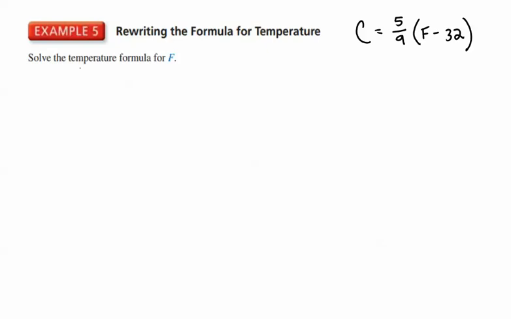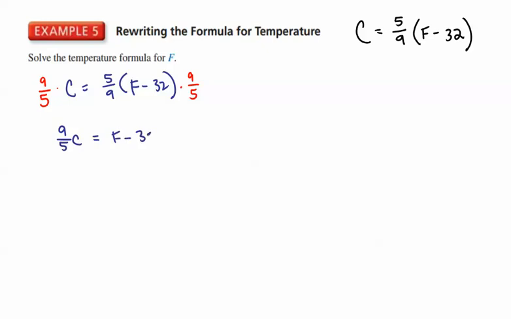So we're going to start out over here. C is equal to 5/9, capital F for Fahrenheit, minus 32. When we have a fraction multiplied, the very first thing we want to do is to get rid of that, and we multiply both sides by its reciprocal. So in this case it would be 9/5. So we would have 9 over 5 C is equal to F minus 32.